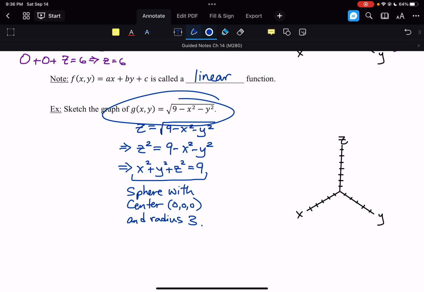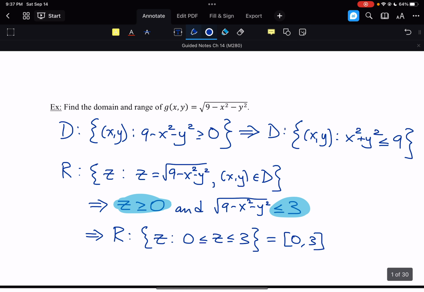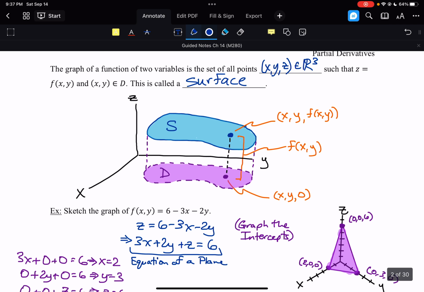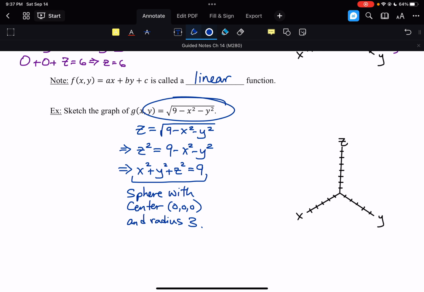But because of the way this is set up in that function notation, if you remember from the domain and range back here, we said that the square root has to be less than or equal to 3, but it also has to be greater than or equal to 0. And when we're talking about the sphere, it shouldn't go from 0 to 3, it should go from negative 3 to 3. But because the function itself has a square root, we cannot ignore this.